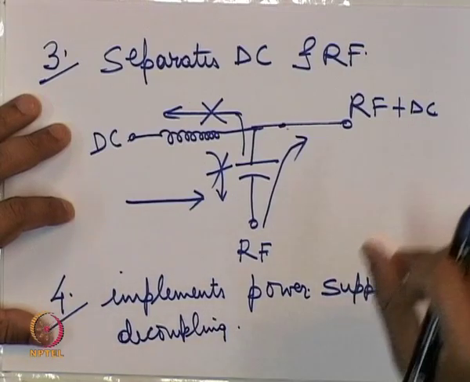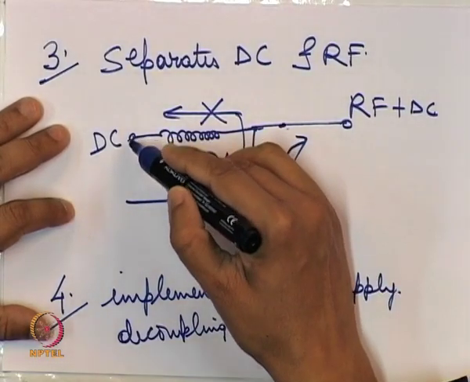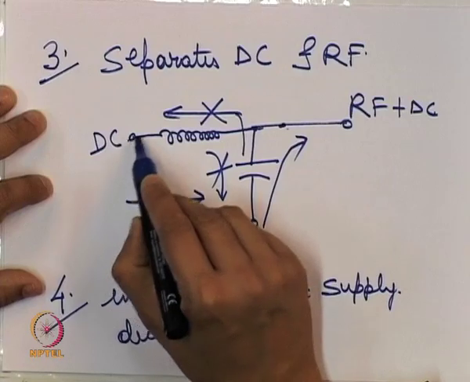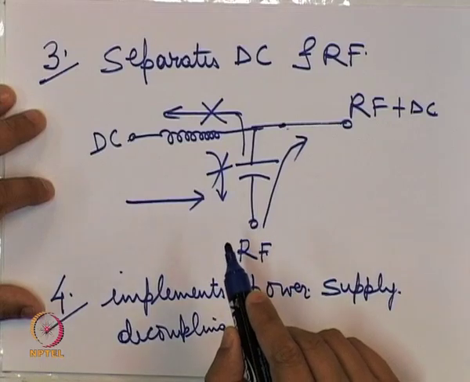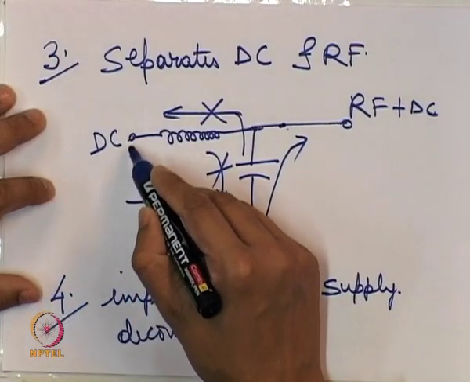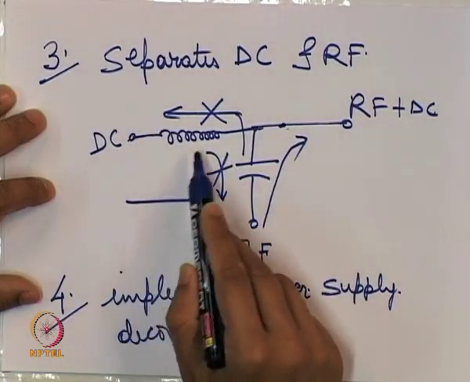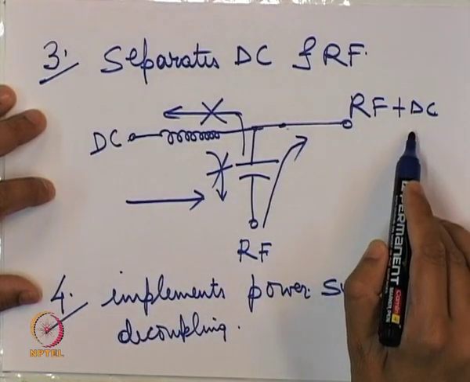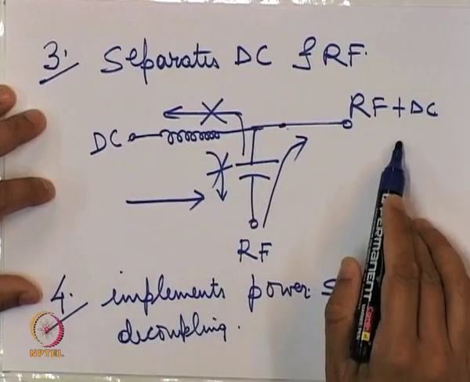What it means is that suppose you have a DC supply here and you connect it to the terminal which supplies power to the transistors in our amplifier. Any surge in the DC input voltage, without a DC bias network or without this decoupling inductor, will create problems for this amplifier. So, it also isolates any surge in the input DC from the output.